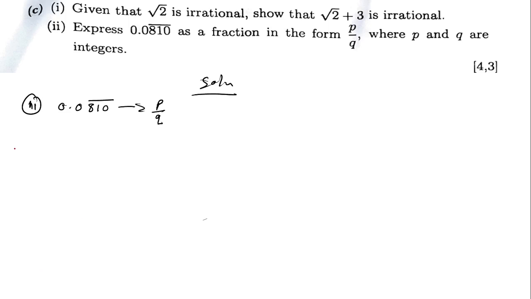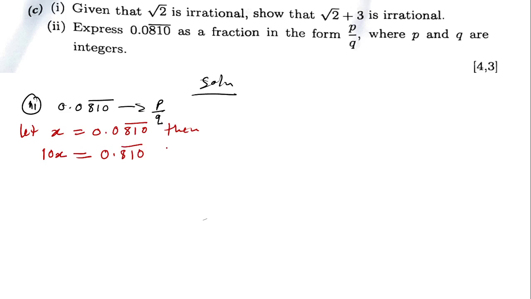I have solved it. So we're going to say let x be equal to 0.0810 bar. Then you are going to count the number of decimal places which don't have a bar. So you only have a 0, which is 1. So you're going to say 10x is equal to 0.810 bar.